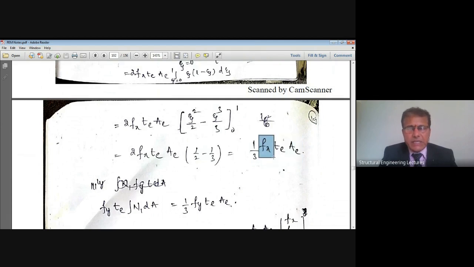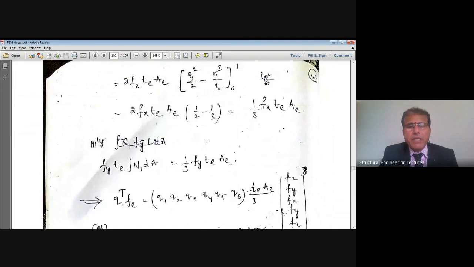Fx is the density of the material of the 3D element, multiplied by thickness multiplied by area, meaning volume, right? Therefore, that is how 1 by 3 of that load is distributed to the node 1. That is 1 by 3 Fx multiplied by t multiplied by AE.